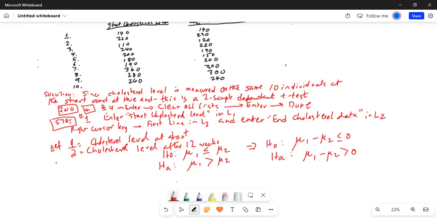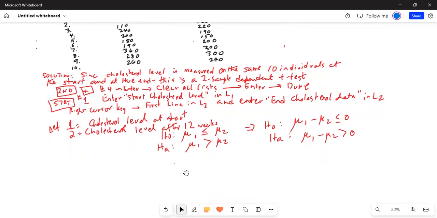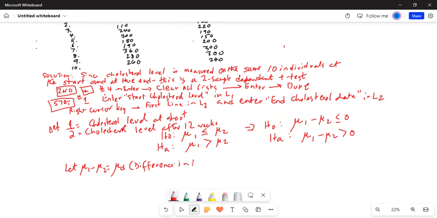Now let's create some more space. These are two sample dependent tests. So here let mu1 minus mu2 be represented by mu d, the difference in population means.